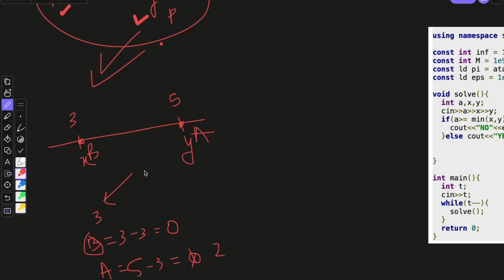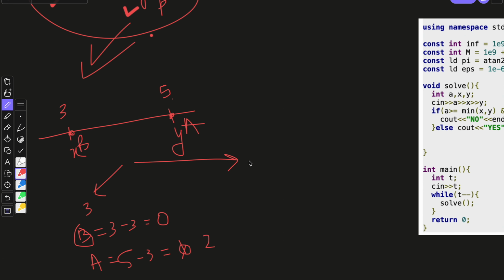But what happens if the price falls at 5? So at this point Bob's distance would be 5 minus 3, which is 2, and Alice's distance would be 5 minus 5, that is 0.